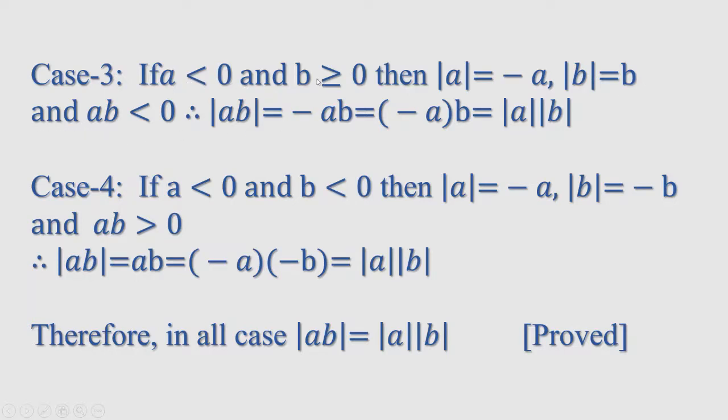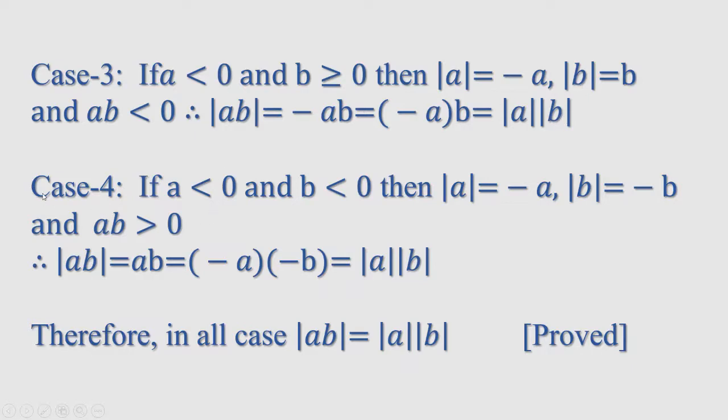Here a is negative and b is non-negative, so their product is obviously negative, and modulus of ab equals minus ab, because ab is negative. We write this by putting the value of minus a equals mod a and b equals mod b.